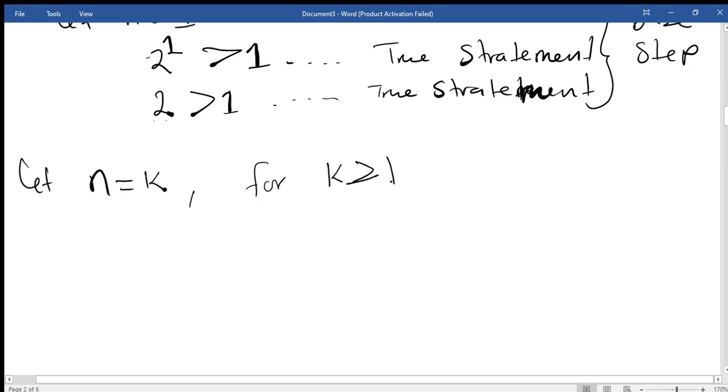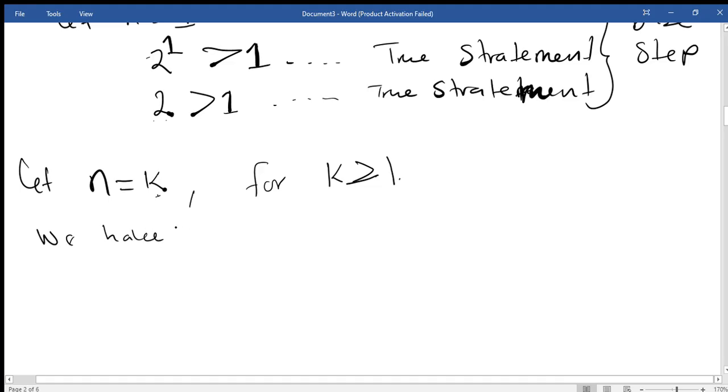So this k is any number greater than or equal to 1. In the first place we said n is equal to 1, and in the second place we let n equal to k, where k is greater than 1 by default.